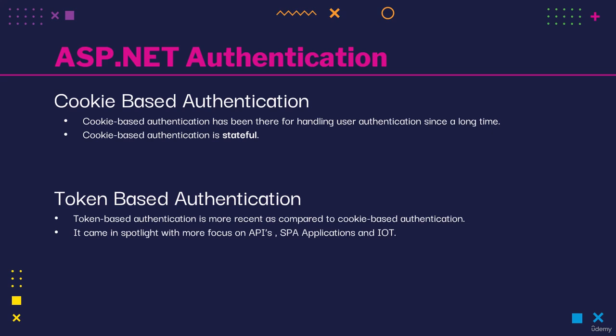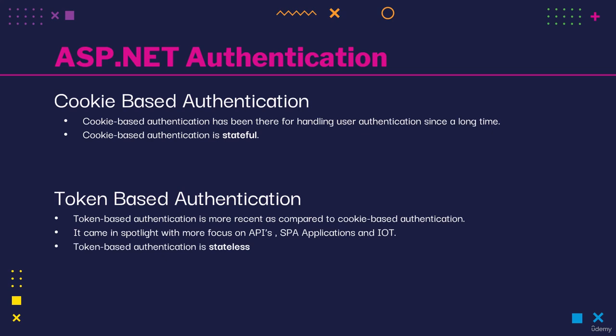In case of JWT, the server does not keep track of which users are logged in or which JWTs have been issued. Instead, each request to the server is accompanied with a token which the server uses to verify the authenticity of that request. Because of that, token-based authentication is stateless.